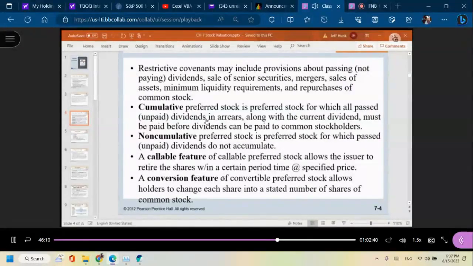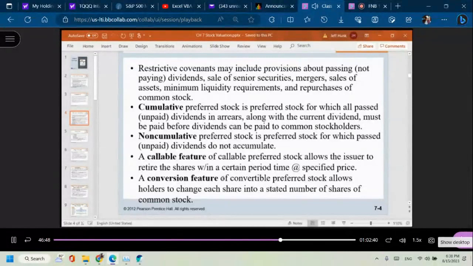So if it is a cumulative preferred stock, they will pay all the accumulated dividends held in arrears before they pay the dividend for the current quarter. So anyway, that's cumulative.